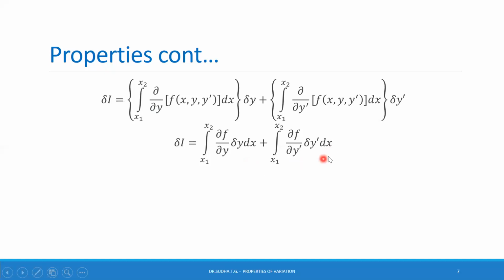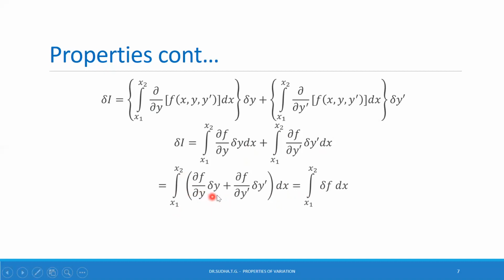In both the integrals, the limits are the same, that is x1 to x2, as well as we have dx with respect to x. Therefore, we can remove the common factor and we can write integral x1 to x2 dou f by dou y into delta y plus dou f by dou y dash into delta y dash into dx. And the expression within these ordinary brackets is nothing but variation of f. So variation of f is nothing but delta f into dx.